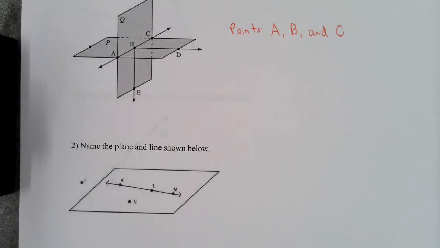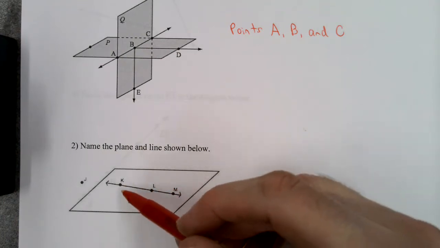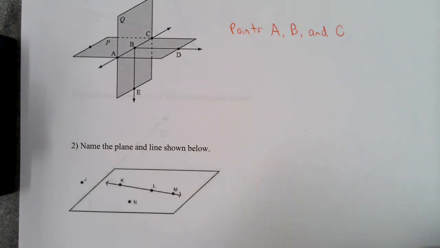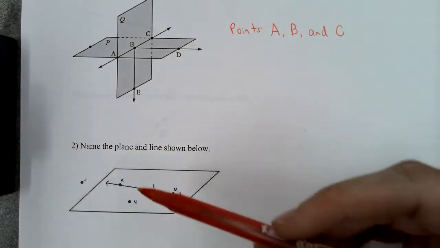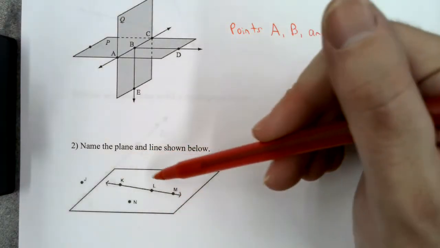Okay, number 2, name the plane and the line shown below. So there's a bunch of options for this one. Let's start with the plane. You need to use at least 3 points in the plane, so you cannot use plane J. Ignore the J, you don't need that. And the 3 points that you use cannot be collinear, so you cannot call it plane KLM.